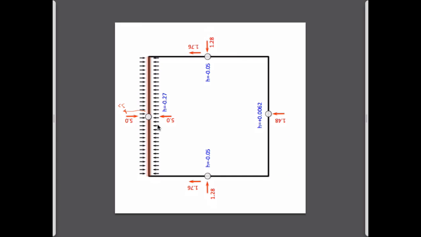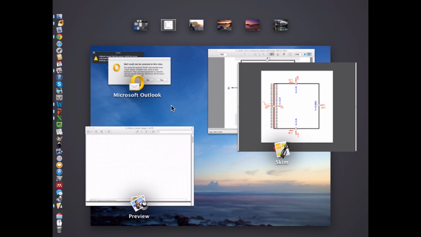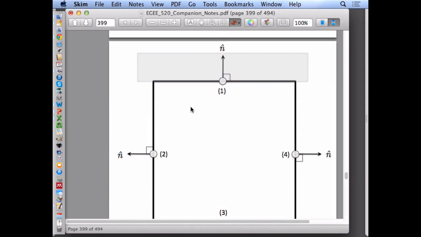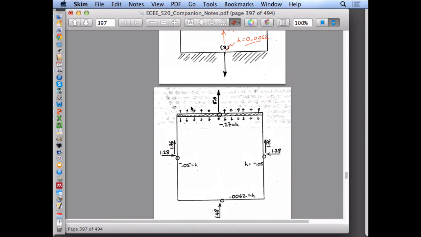Say it again. Say it louder, sir. I think this surface is the 1, and the surface 2 was the 1, isn't it? No, this is 1, top. This is 2. They're numbered clockwise. Isn't that right? Good question, actually. I guess that's on this other plot. This is the right orientation.